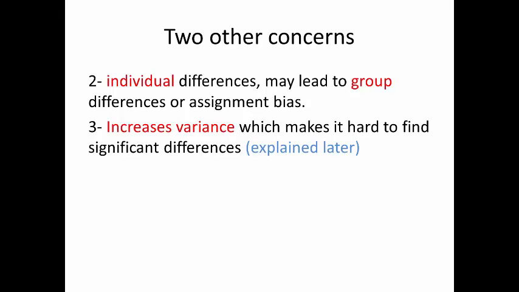If you have one group of participants, you have a limited range or a limited variance in terms of their performance and their characteristics. However, if you increase the number of groups, then it's more likely that you have a wider range of variance or a wider range of performance.